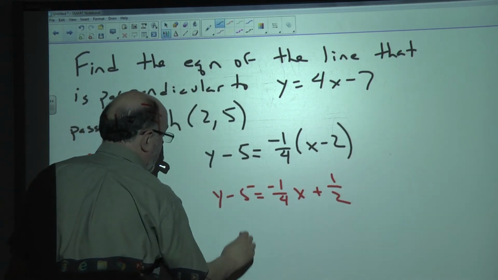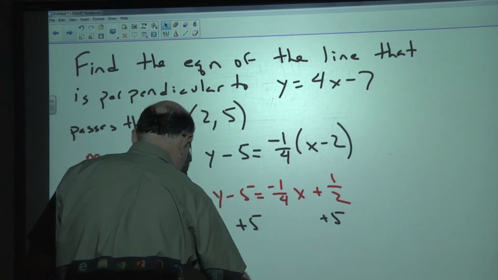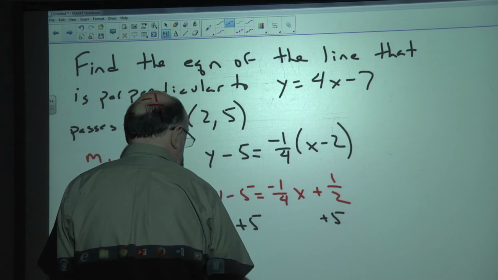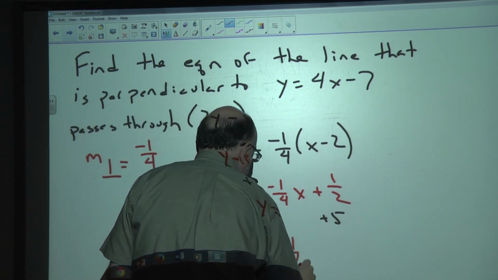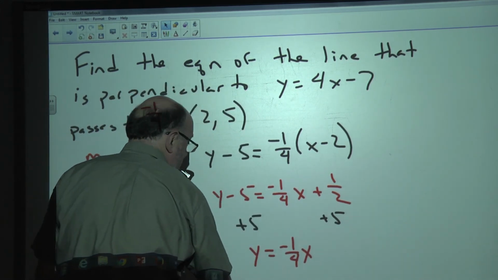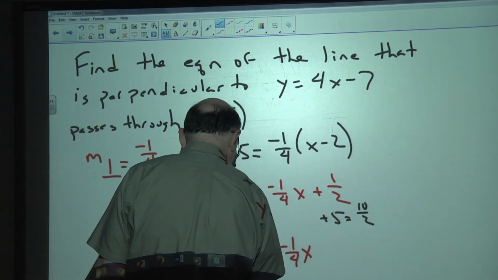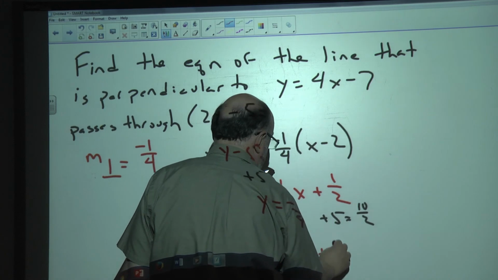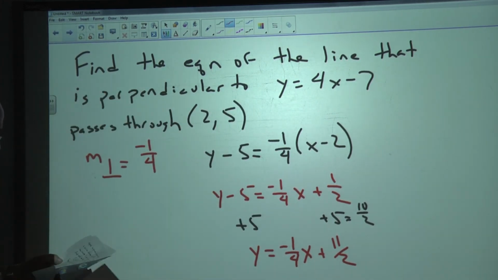Then we bring the 5 over, and so we end up with y equals negative 1/4 x. In order to add fractions, we need a common denominator, and so 5 is the same thing as 10/2. So we end up with 11 halves. That would be our equation in terms of point slope form and slope intercept form.